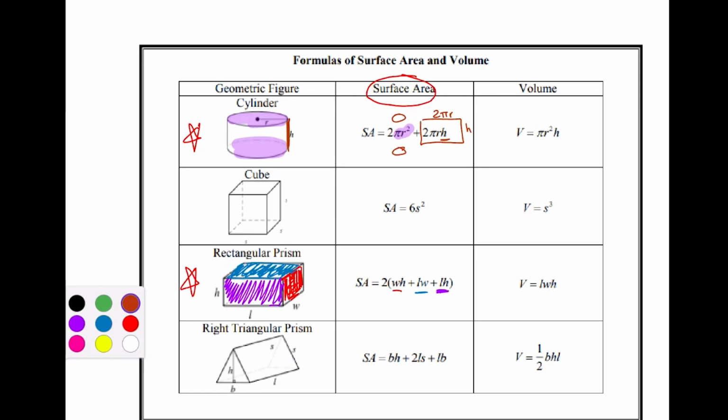So for a cylinder, the area of a base is pi r squared because the base is a circle, and you multiply that by the height. For the rectangular prism, the base is a rectangle, the length times width, and you multiply that by the height. So in both cases, it's whatever the base area is times the height.